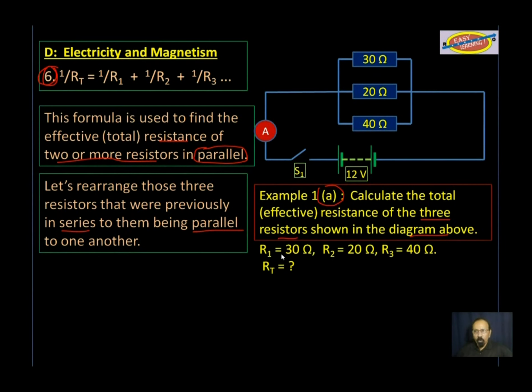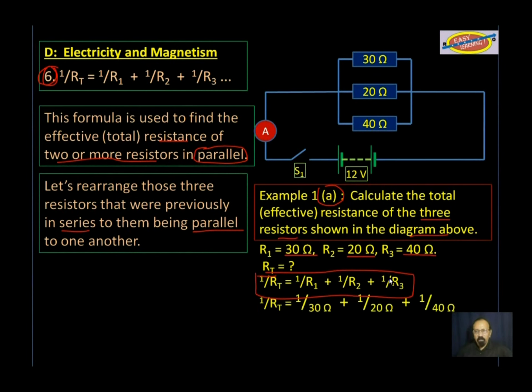We know that R1 is 30 ohms, R2 is 20 ohms, R3 is 40 ohms. We want to find R total. The formula is 1 over R total is equal to 1 over R1 plus 1 over R2 plus 1 over R3. So now we substitute where R1 is, we put in 30, and so on.